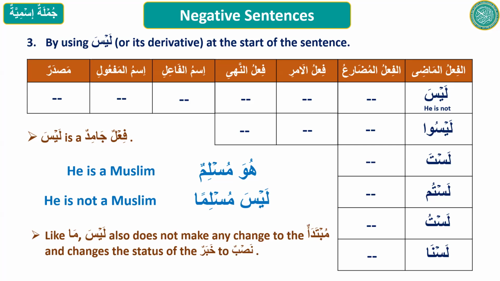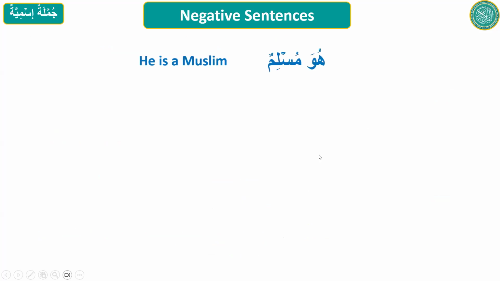The only thing is you cannot see it anymore, but it's there. It's hidden. Laysa doesn't make any change to the mubtada, like ma, and it makes the same change to the khabar, makes it nasab. Same as what ma does. So this is the third way, all right? So laysa musliman means he is not a Muslim. Huwa muslimun, he is a Muslim. He is not a Muslim, laysa musliman.